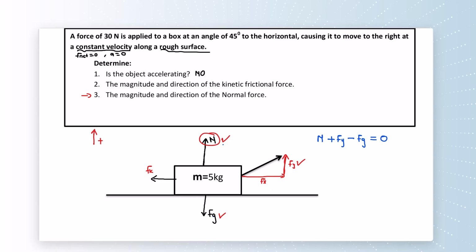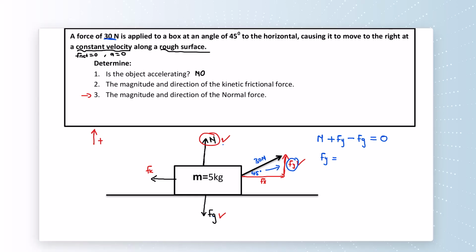Let's first work out the Fy. Like we did previously, let's check. We have the angle of 45 degrees. We have the 30 Newton there because we are told that the applied force is 30 Newton in magnitude. So what do we have? Fy itself, relative to the angle, is opposing the angle.